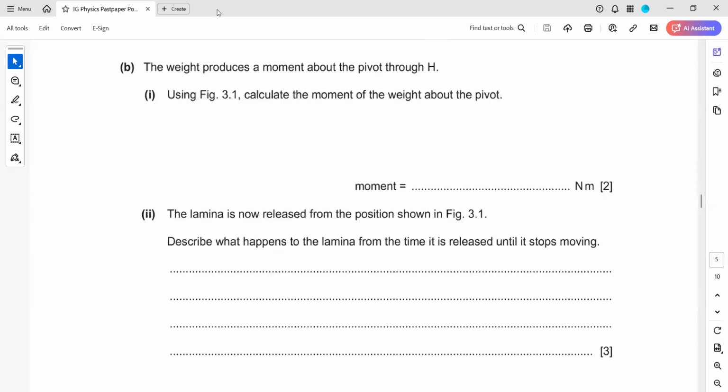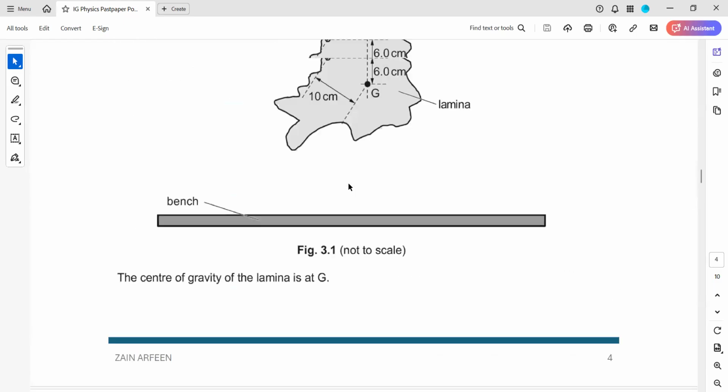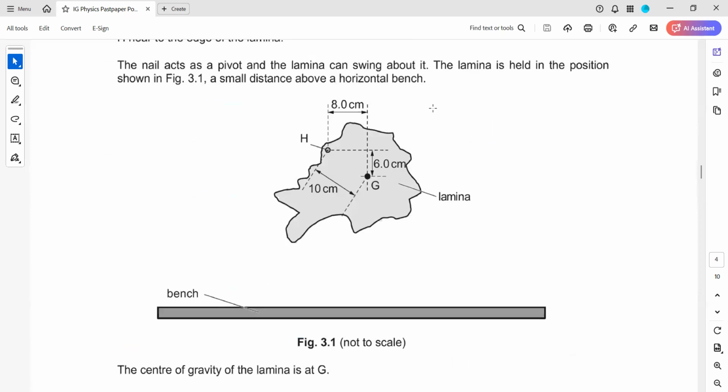The weight produces a moment about H. Use figure 3.1. Calculate the moment. Moment is the product of force and the perpendicular distance. The weight here is 0.49 newton. What distance should I take? We always take the perpendicular, or 90-degree, distance.